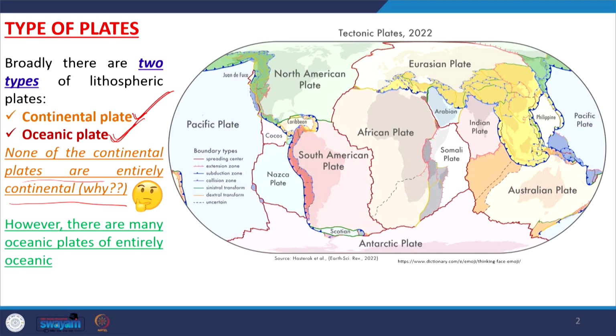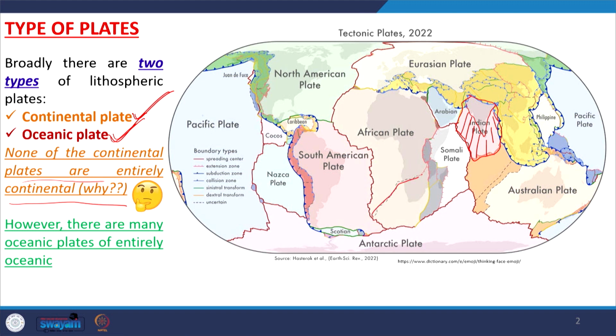So, if you see here, we have different types of plate. For example, the Indian plate. The boundary is defined here, and you see we have the Indian continent up to this point, and this much is totally constituted of ocean. Similarly, we say it is the African plate.